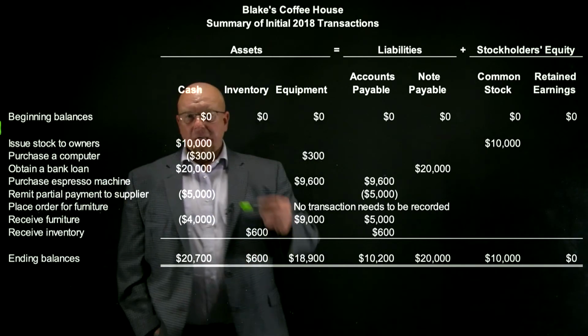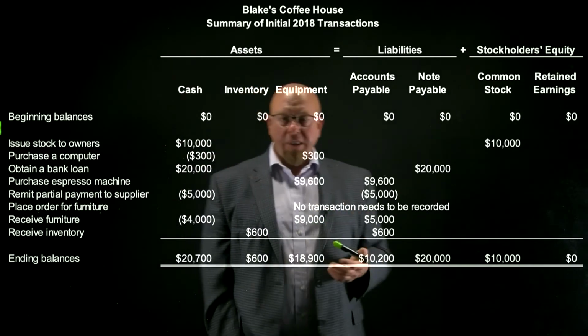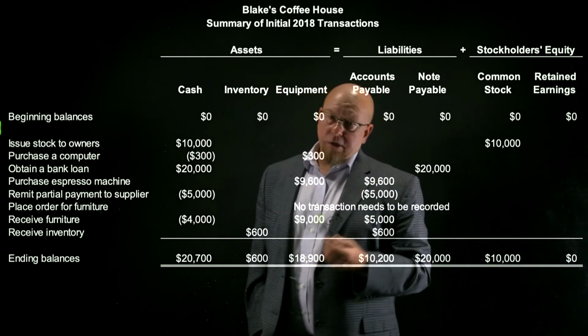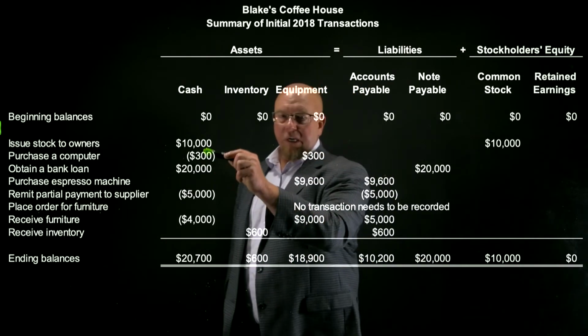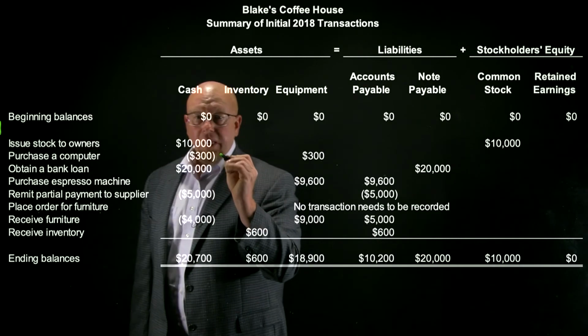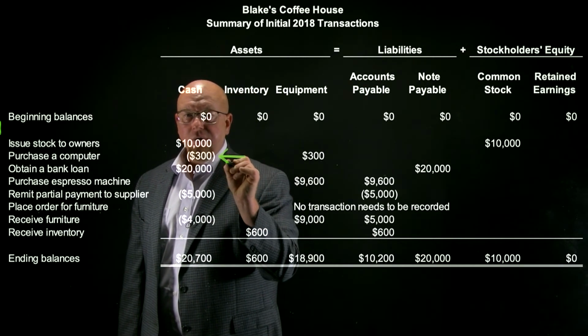What we're going to see, look at the cash account. The cash account had the largest volume of transactions, and by the way, that's very typical for a business, which should make sense. So we have the increases and decreases. One thing I want to point out right here, and this is just one of the quirks of accounting that you get used to.